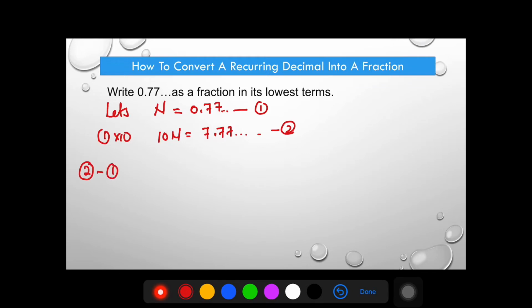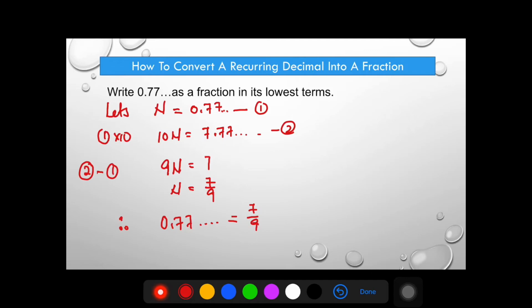So 10n minus n, I have 9n. 7.777 minus 0.777, I left 7. So n equals 7 over 9. Hence, we can write 0.77 actually equals 7 over 9. If you don't believe, you can press your calculator to check the answer.